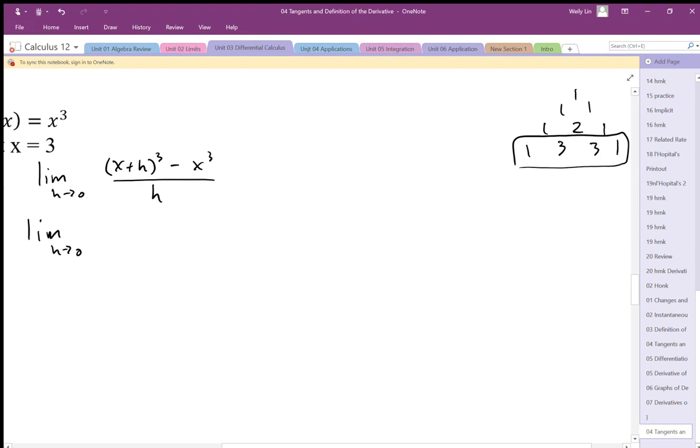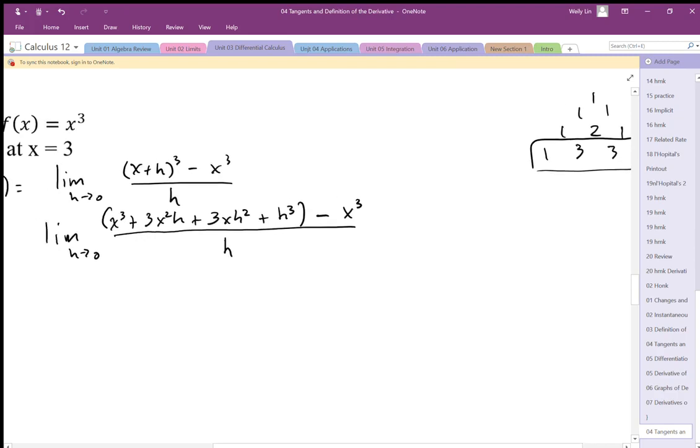But if I know the shortcut, I know this is going to be 1x cubed plus 3x squared h plus 3xh squared plus 1h cubed. So it's following those coefficients. Okay, so there's my expansion, minus x cubed, and that's all over my run of h.